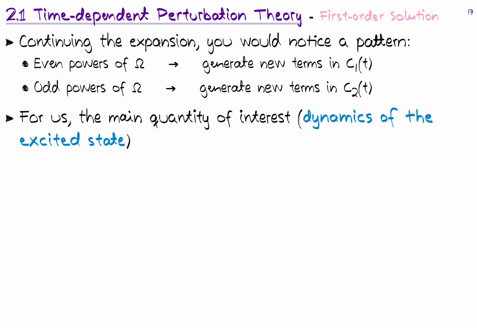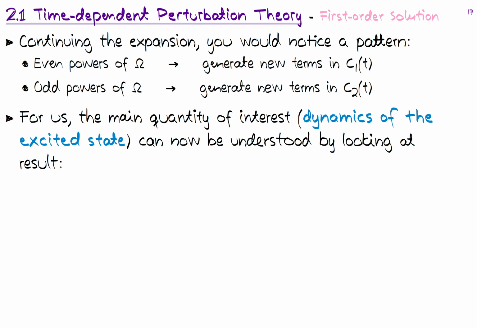Now, what we get out by solving the system is the dynamics of the excited state. This is the main interesting thing we want to calculate: how easy it is to populate the electron into the excited state, and how quickly and efficiently we can do that with a given incident field.